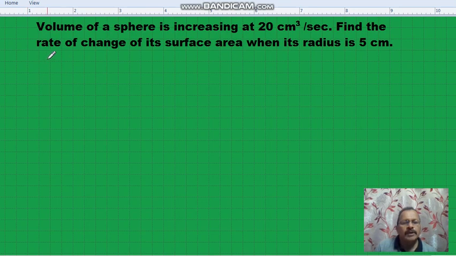Now in this problem, the rate of change of volume, dV by dt, with respect to time is given as 20 centimeter cube per second. We are given r equal to 5 centimeter, and if A is the surface area, then we want dA by dt, the rate of change in surface area.